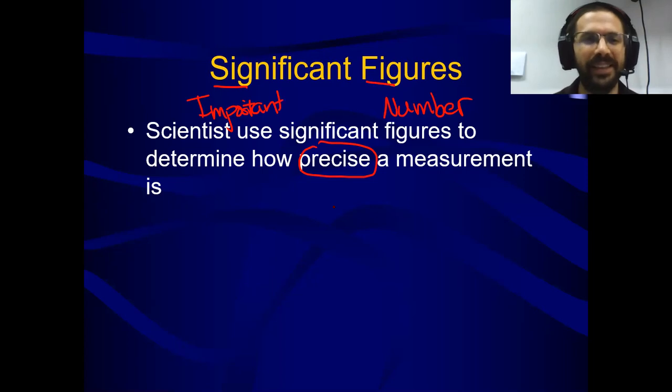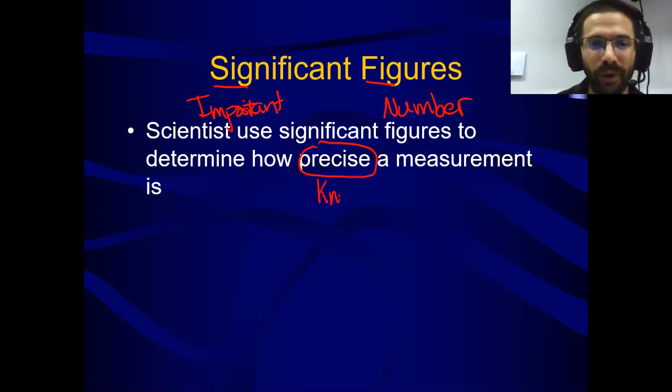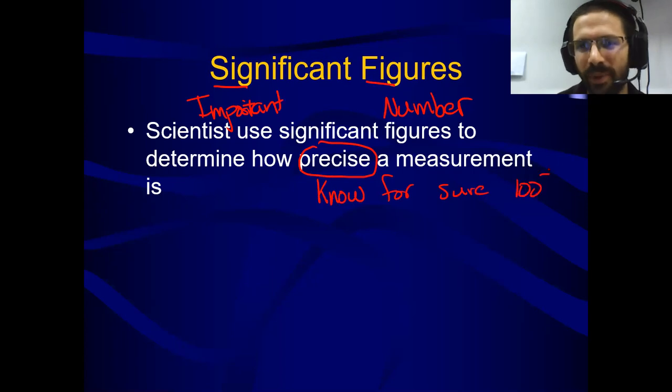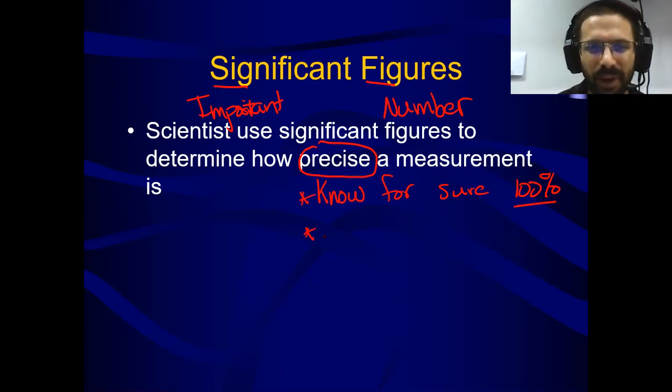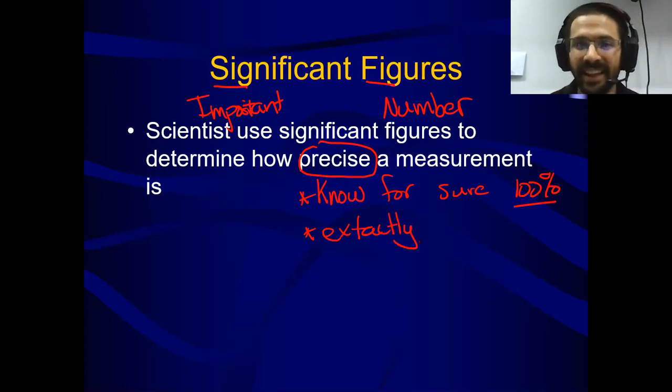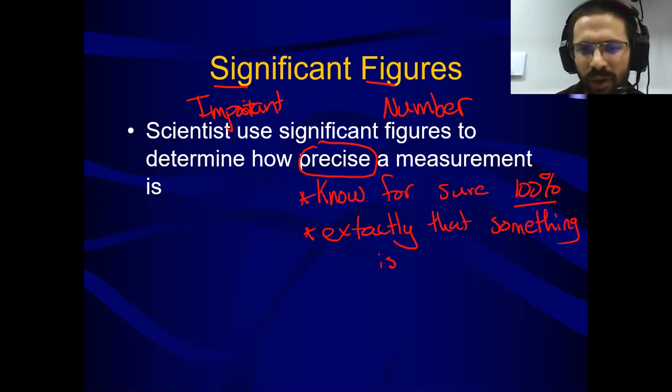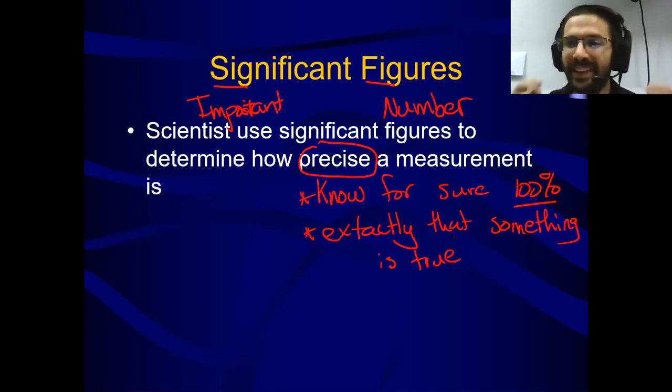Precise means something that you know for sure, for 100% sure. You are precise. You know exactly. So you can think of precise as exactly. You know exactly that something is true.